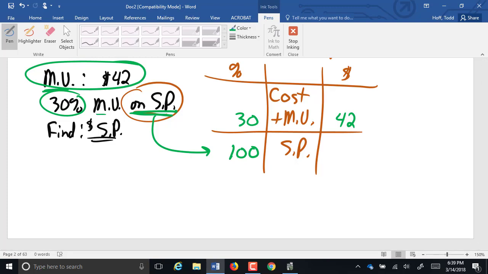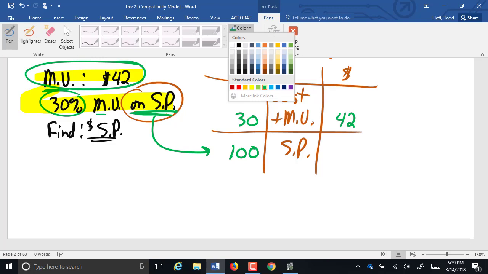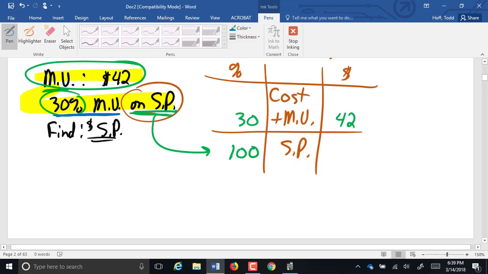The given? Where the 100 goes? Okay. If this says markup on selling price, that means the 100 goes with the selling price. If it says 30% markup on cost, that would mean the 100% would go with the cost.